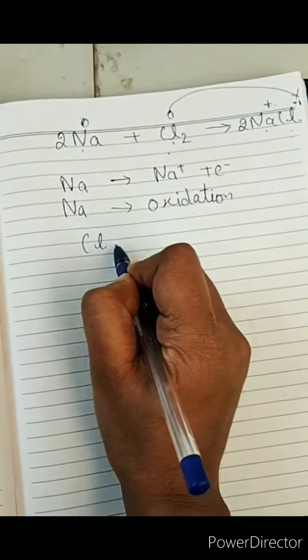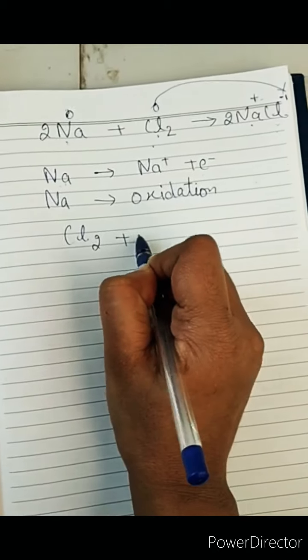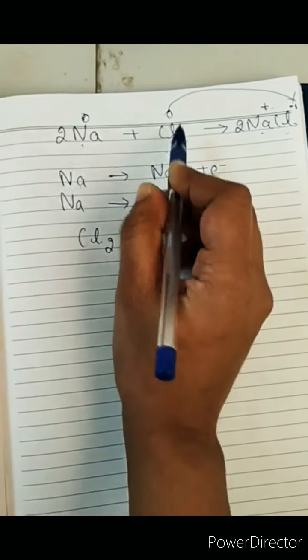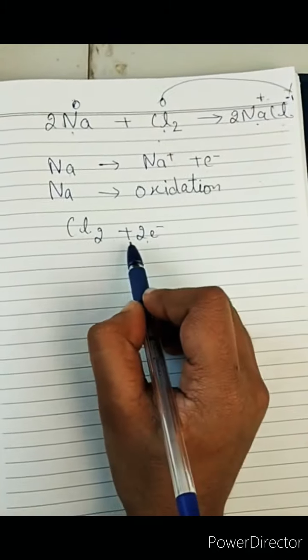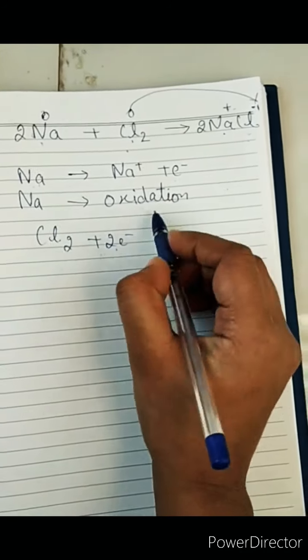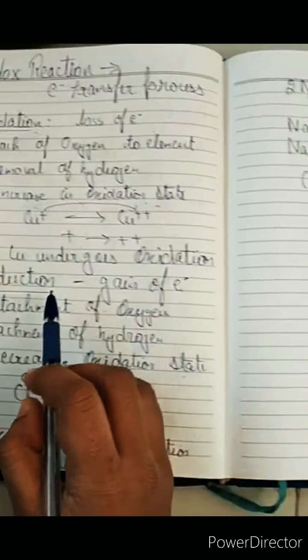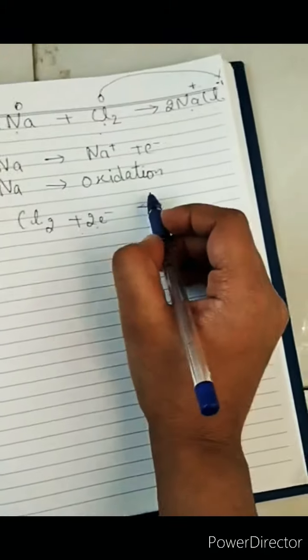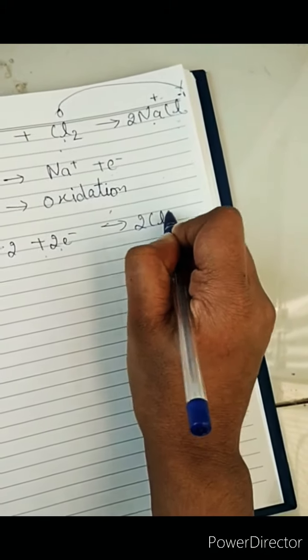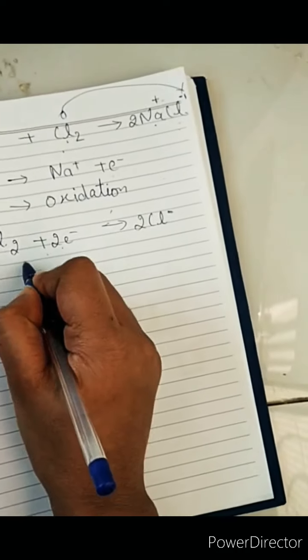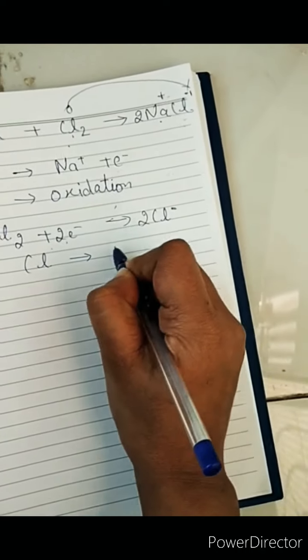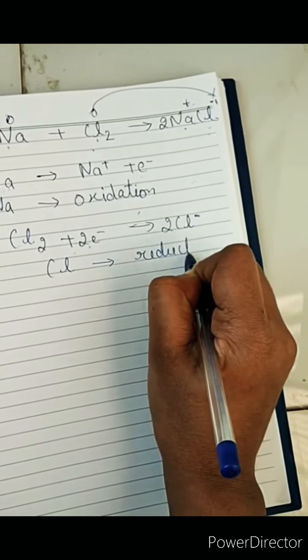Here is Cl2. When it gains 2 electrons, which come from Na, gain of electrons means reduction, so it becomes 2Cl negative. Hence we can say Cl goes through the reduction process.